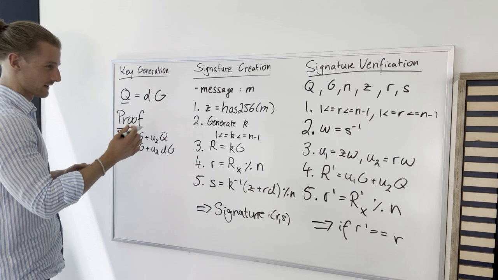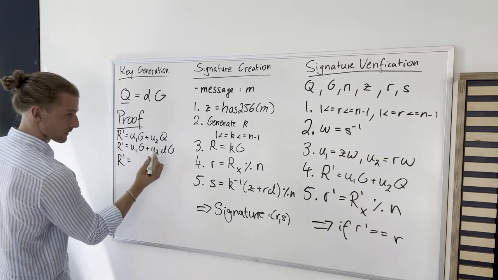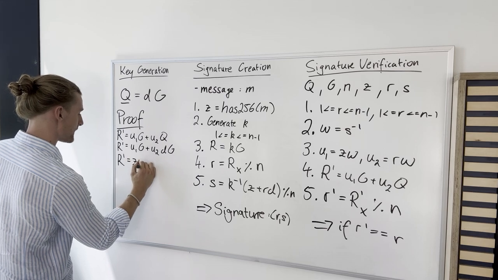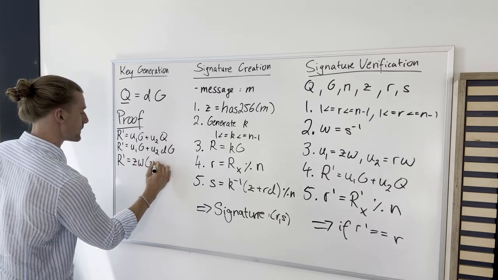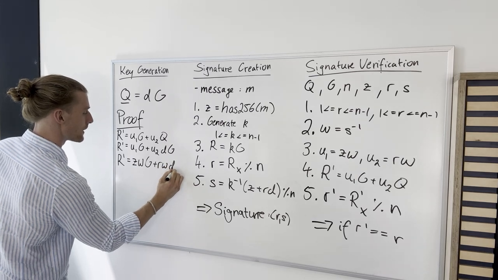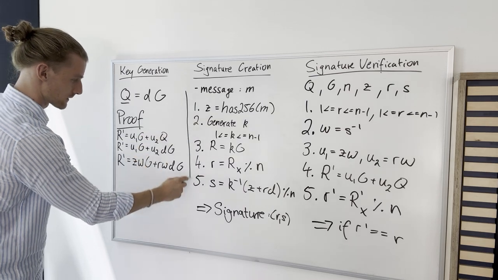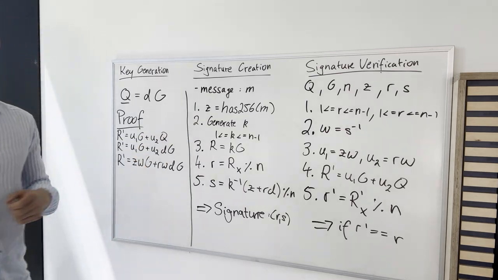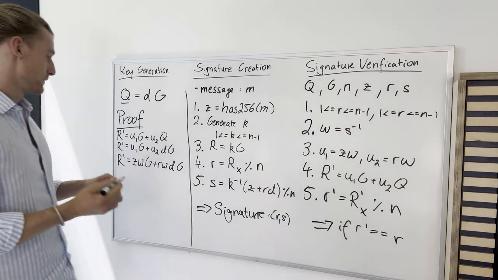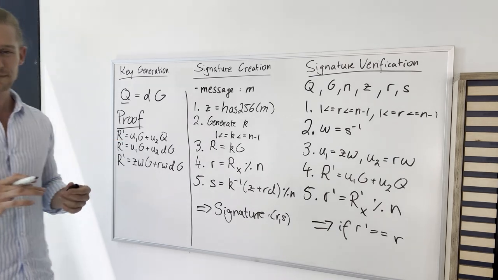And then we get the following. R apostrophe is equal to ZW times G plus RW times DG. I'll just put a line here so it's clear that we're not going over this and it's not too confusing. I'm sorry this might be a bit small, but I'm sure you'll follow along.